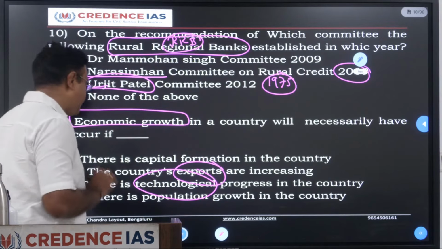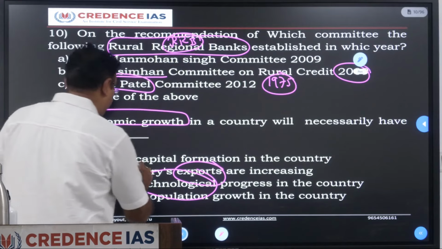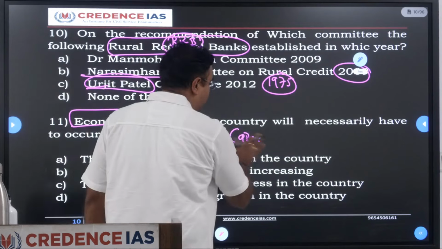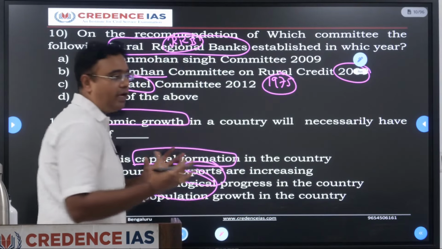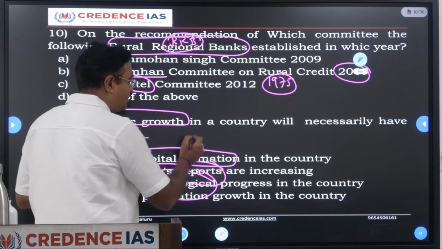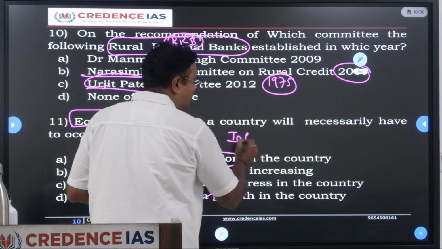So going by the statements, we will go by this aspect. There is a capital formation. Okay, capex, not expenditure, capital formation. If the country has surplus capital to invest, say for instance, it will invest in infrastructure related aspects.